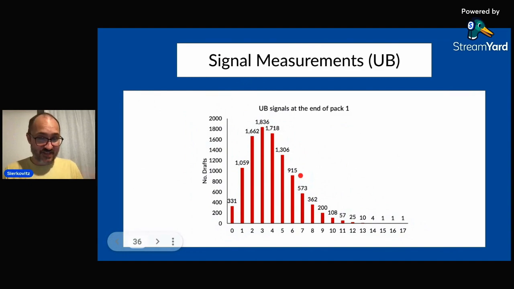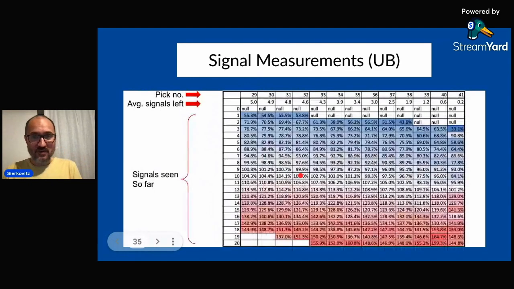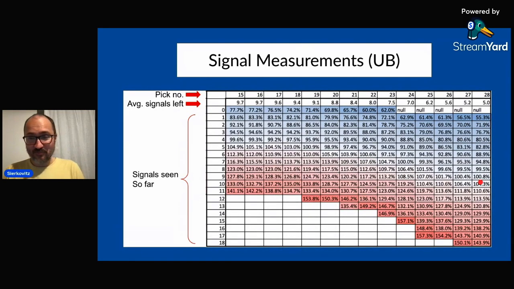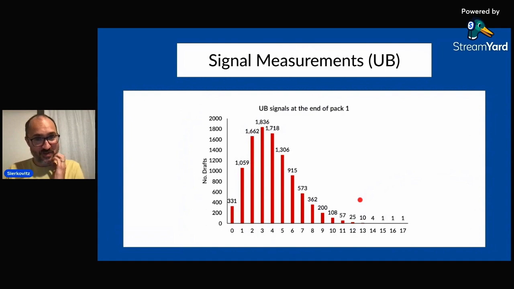10% of the drafts had 6 signals, and from 6 signals at the end of pack 1, you can expect 12% more in the future, 10 signals remaining, so you have 10 plus like 11.3 still good cards coming up on average. So yeah, that's something to look forward to if you identified it well, especially if you started speculating on those cards that are blue-black.